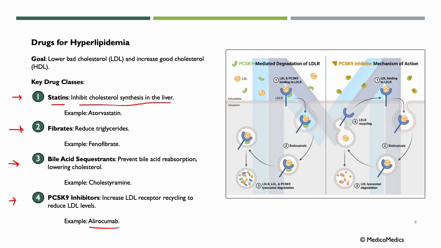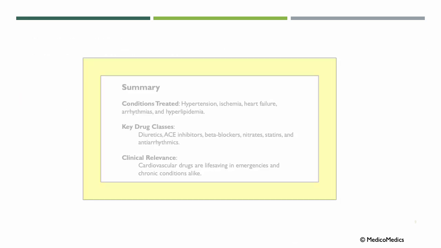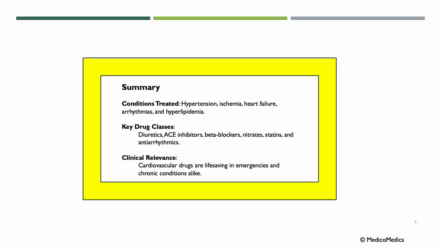So this comprehensive approach lets clinicians tailor therapy based on the lipid profile and patient risk, whether the focus is on lowering LDL, reducing triglycerides, or raising the good cholesterol, HDL. So in summary then, the conditions we talked about include hypertension, ischemia, heart failure, arrhythmias, hyperlipidemia.